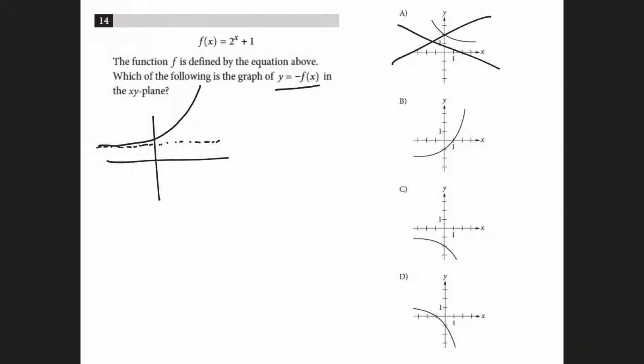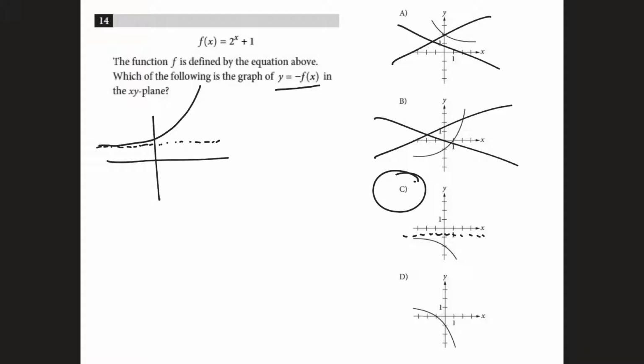That would be a horizontal reflection. B would be a vertical shift. C, yeah, that would look like a vertical reflection. Yep. So C. Okay, D. All right, because now the horizontal asymptote is at -1.